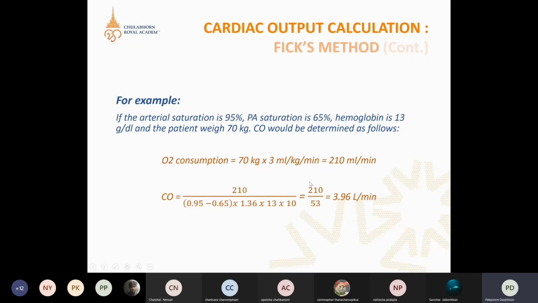After that, you will get the final cardiac output, which is 3.96 liters per minute.